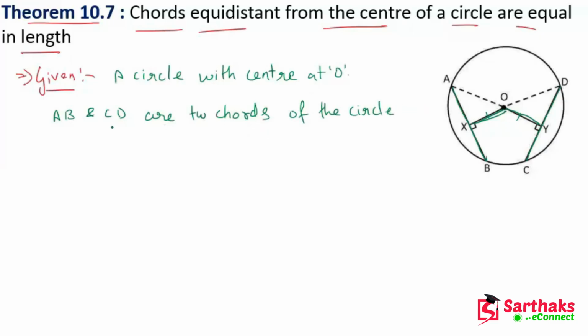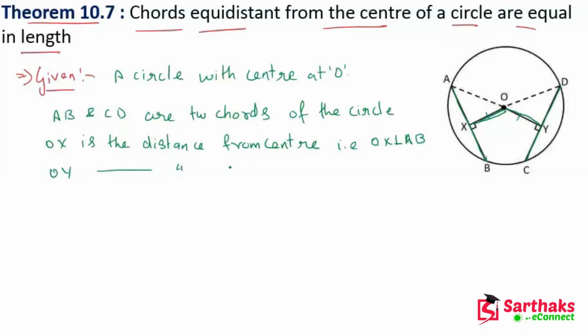OX is the distance from the center, that is, OX is perpendicular to AB. Similarly, OY is the distance from the center, that is, OY is perpendicular to CD, and OX is equal to OY. These are the given parts.